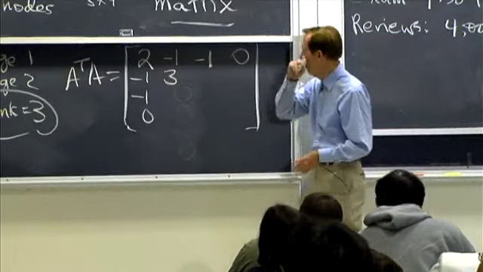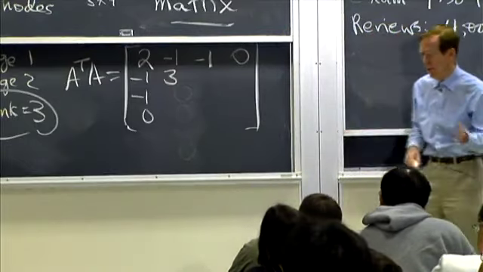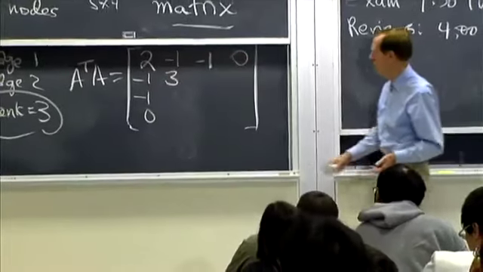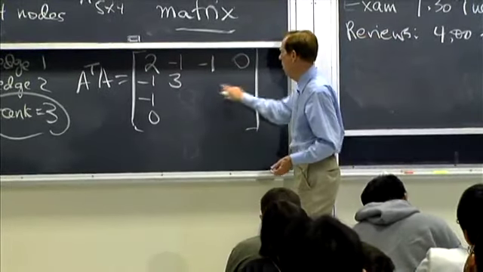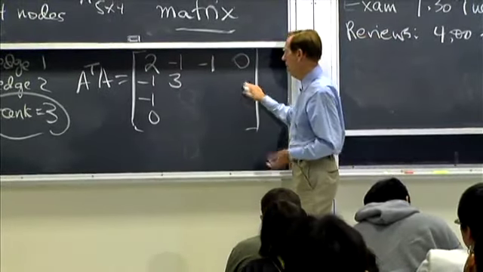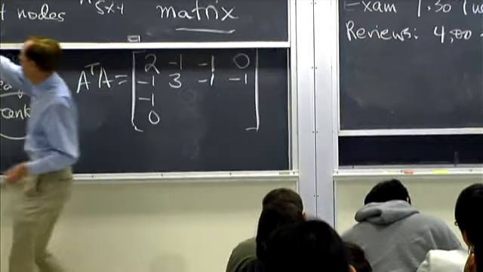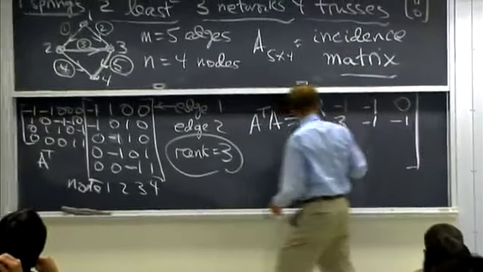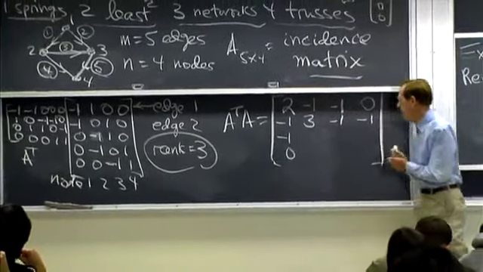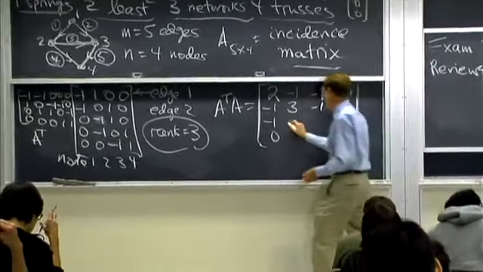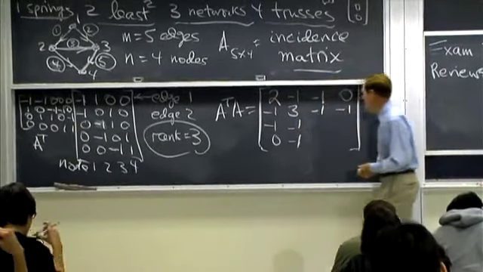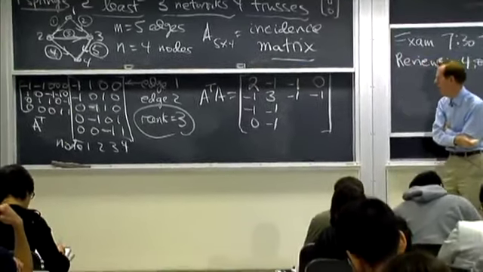And now I'm going to have some -1s off the diagonal for those edges. What are these entries going to be here? They're both -1s. Node 2 is connected to all 3 other nodes. So I'm going to see a -1 and a -1 there, and it's going to be symmetric. And I'm nearly there.